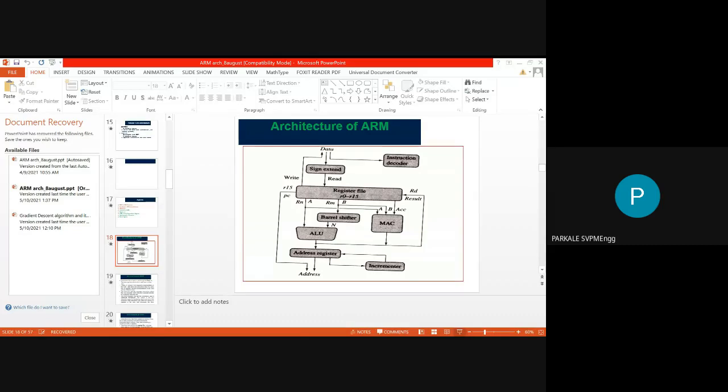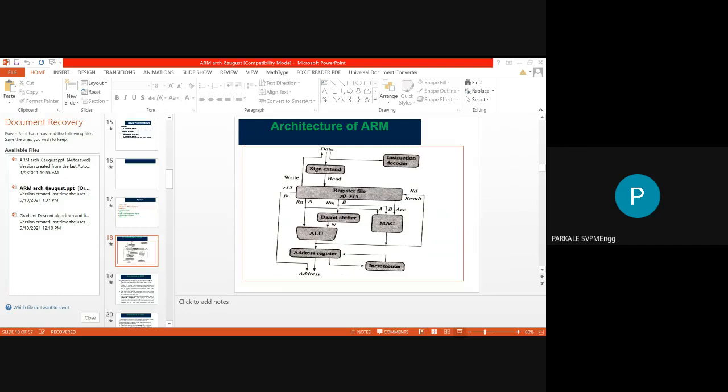Now we have this common module called the ALU. The long form of ALU is arithmetic logical unit. The arithmetic logical unit performs different arithmetic operations like addition, subtraction, division and multiplication, whereas logical operations like not, and, or, XOR are performed by the logical unit.